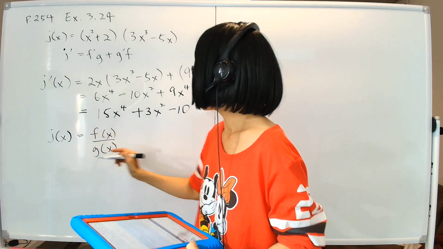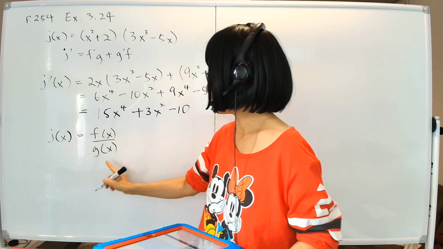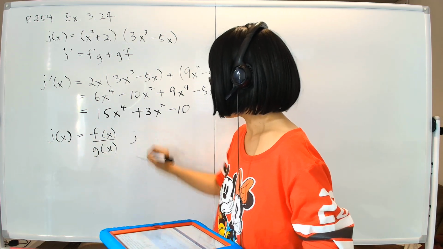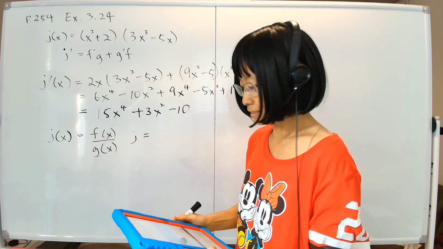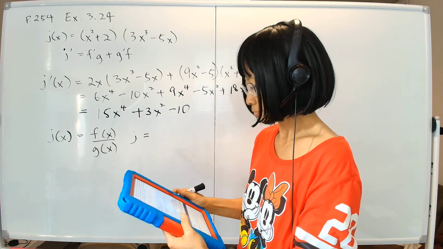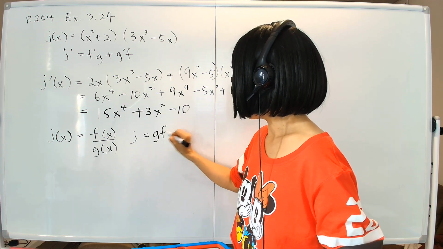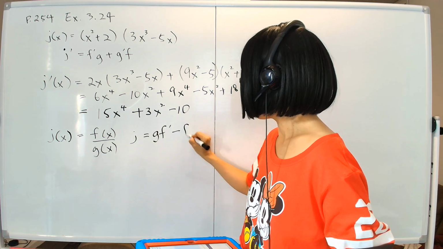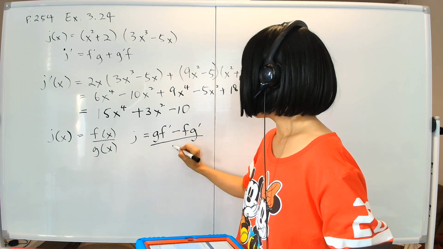So if j is f over g, then j prime, the derivative of j, equals something like this: g times the derivative of f minus f times the derivative of g, over g squared.